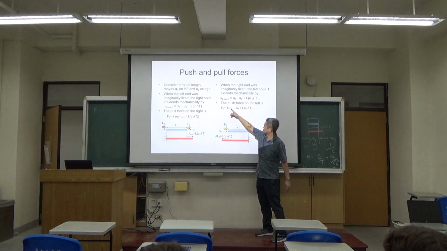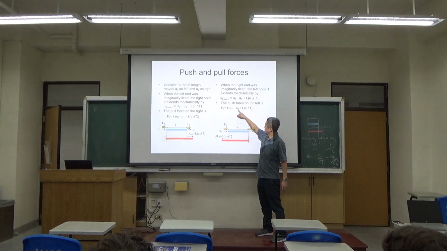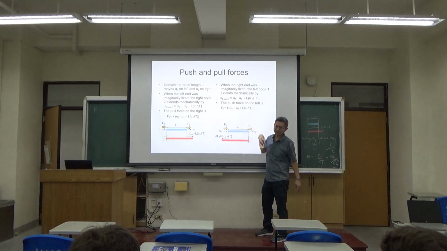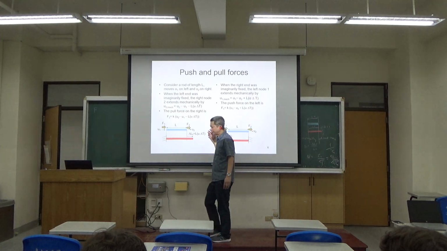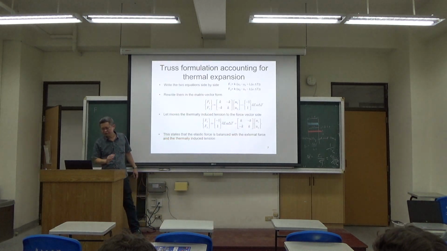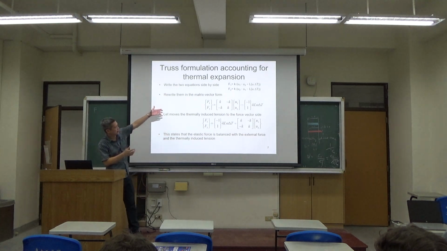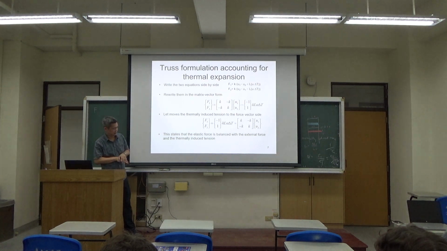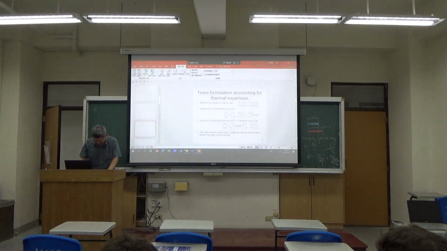The spring force is going to be U1 minus U2 plus the thermal expansion. Then by combining these, we're going to write the finite element. If you find this confusing, then we do it step by step.